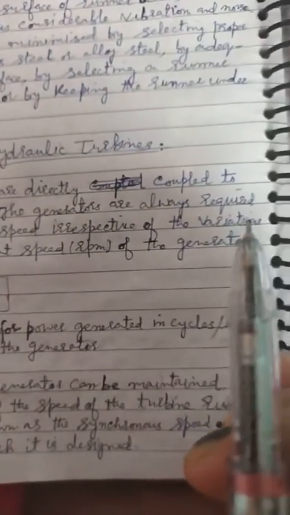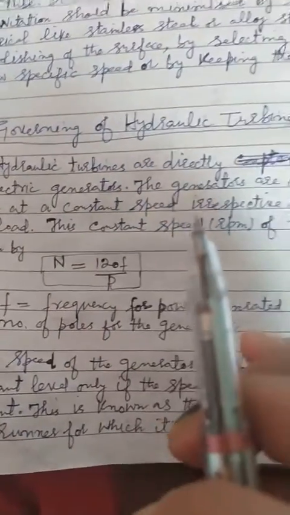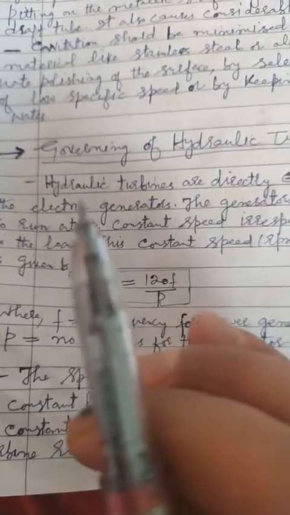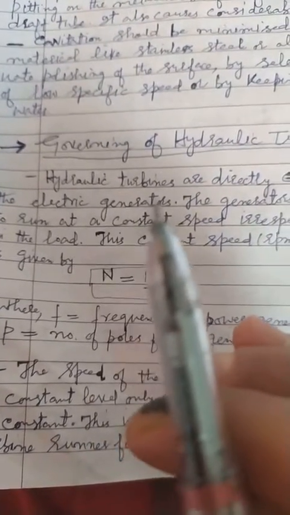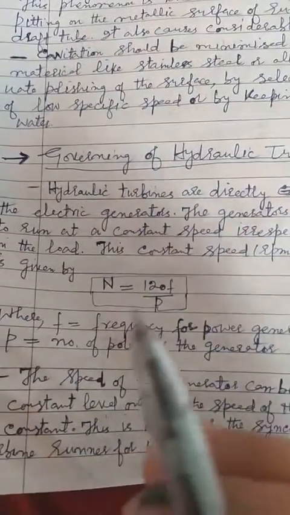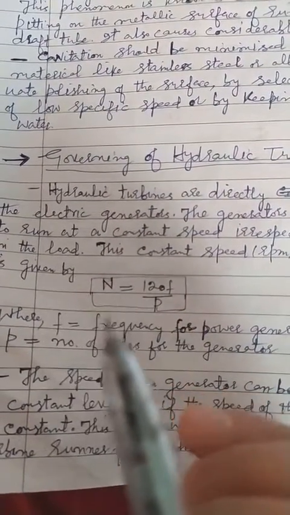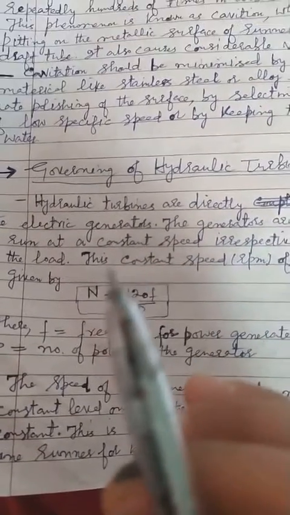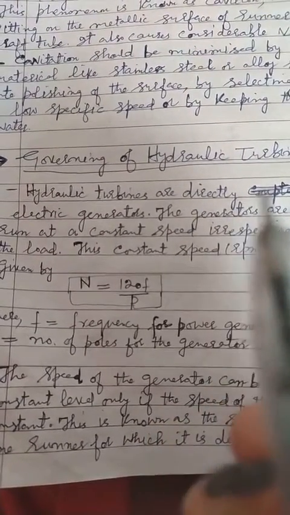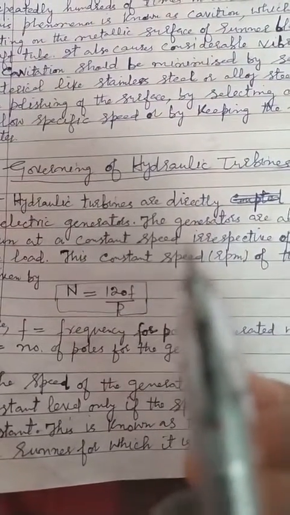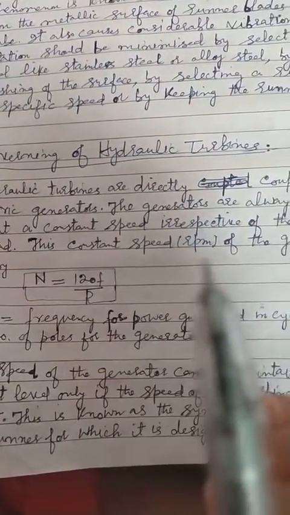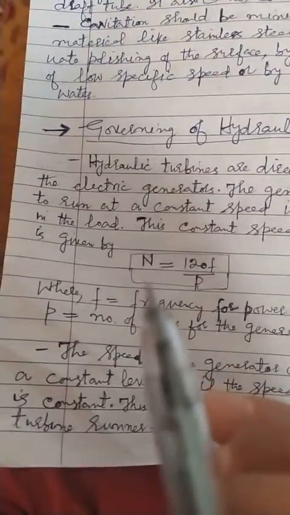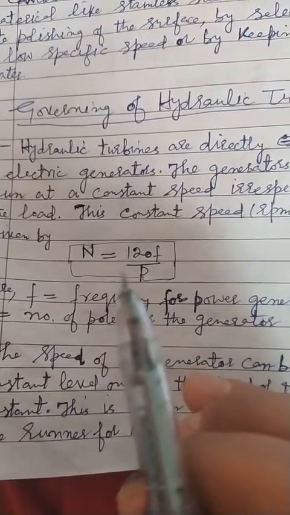The generator is always required to run at a constant speed, irrespective of variations in the load. जो electricity की consumption होगी, in some cases there will be more consumption of electricity and in some cases less, so there will be variation in the load of the generator. अगर हम चाहते हैं कि generator की speed constant रहे irrespective of the variations in the load, this constant speed or rpm of the generator is given by the formula as I already showed you.